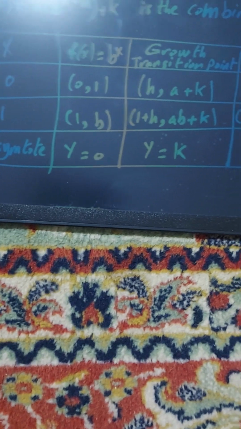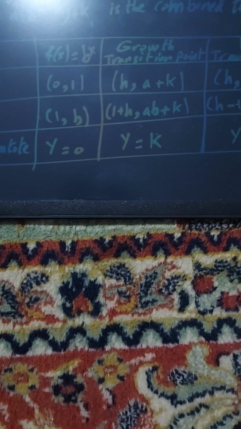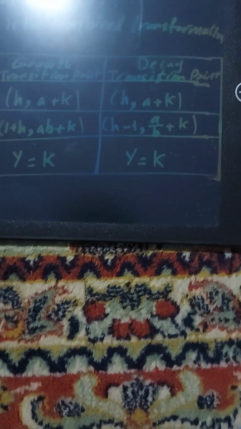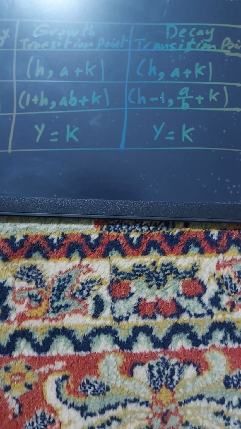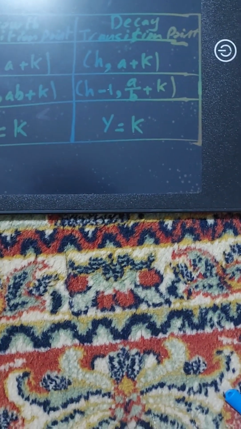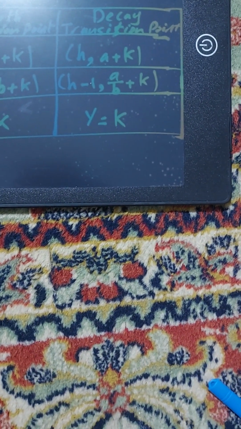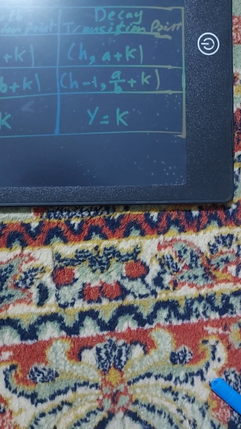Now when x is 1, the parent function point will be 1 comma b, but the transition point will be different between growth and decay. For growth, it is 1 plus h comma ab plus k. For a decay function, it's going to be h minus 1 comma a divided by b plus k.